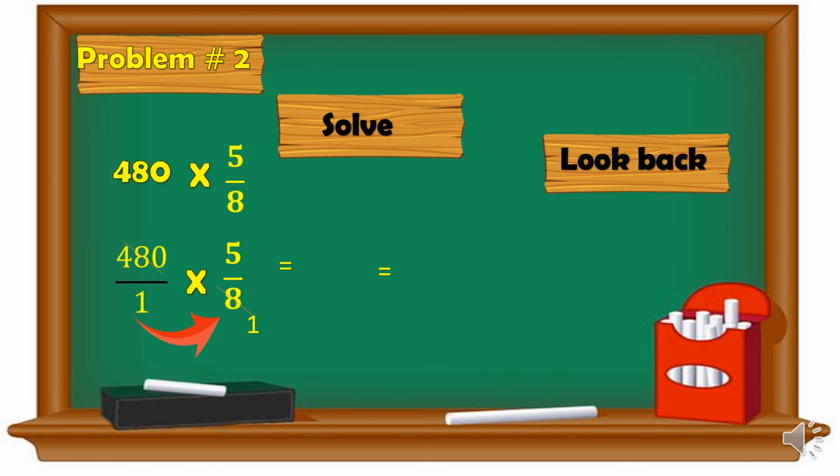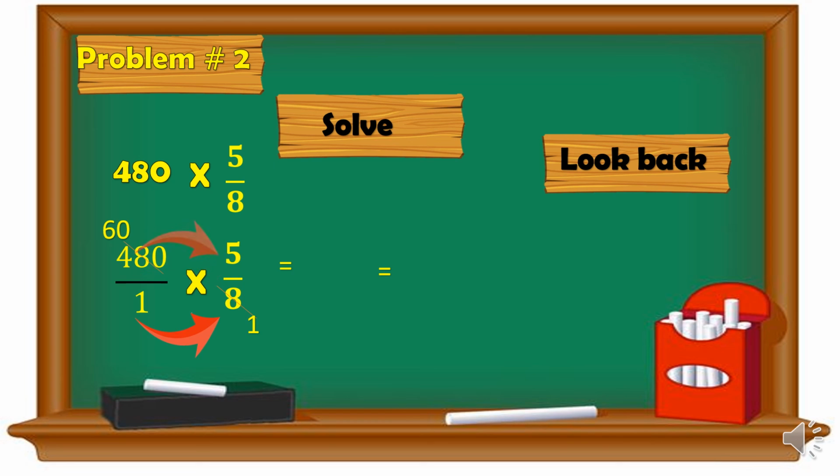Okay, so 480 times 5/8. We have to cancel 480 and 8 because they have a common factor. When we divide 8 by 8, we have 1. And 480 divided by 8, we have 60.